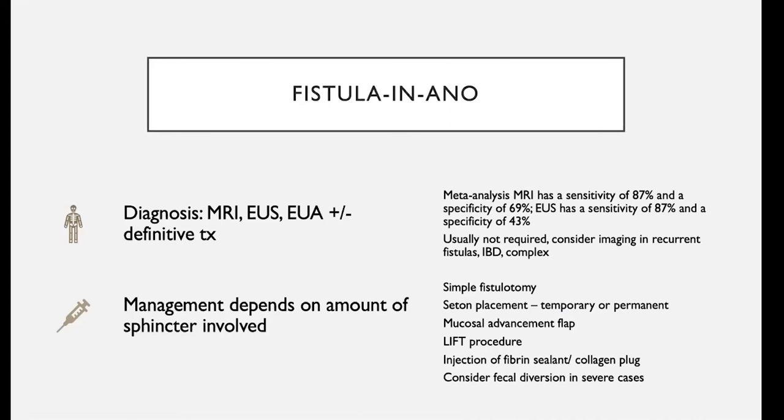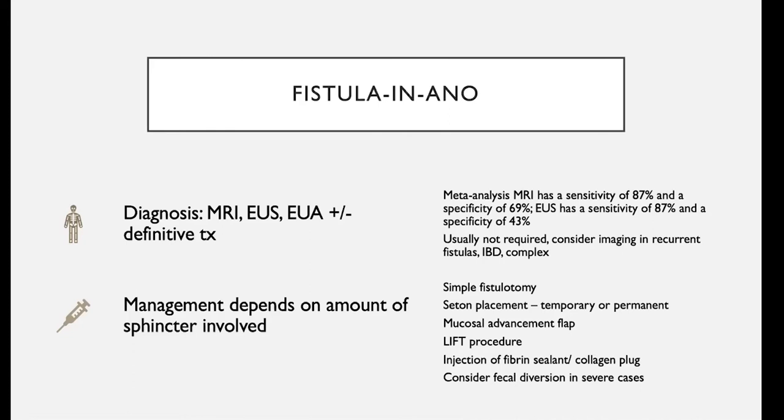Fistulas are often diagnosed on exam under anesthesia, but MRI has been shown to be pretty sensitive and specific, with a sensitivity of 87% and specificity of about 70%. MRI is typically what I've seen ordered if there are questions about which type of fistula there is, or for preoperative planning.